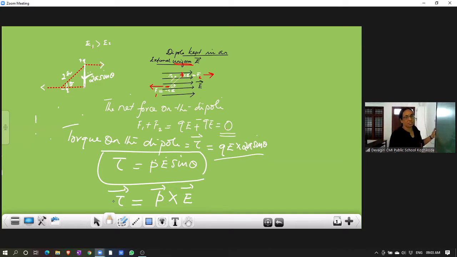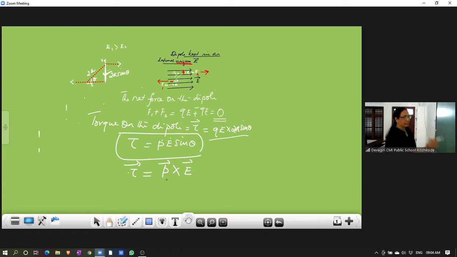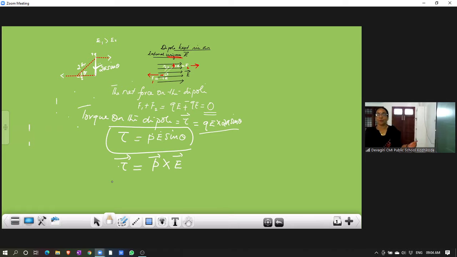So torque is a vector quantity because it's a vector product of two different vectors. Now, if you know this, tell me what is the direction of torque. We are doing this to get the direction of torque. In this expression, torque is equal to p cross E, can you tell me the direction of torque? Anyone? How do you get the direction?